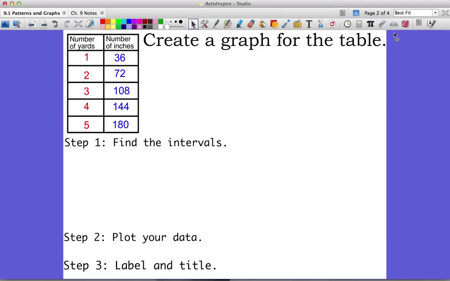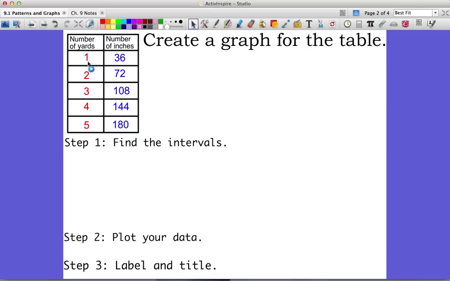Alright, so when we're creating a graph, the first thing we need to do is find the intervals that we're going to use. So in this case, when we find the intervals, we have to look first at our independent values. These aren't going to change. These are our dependent values because they depend on how many yards we have.